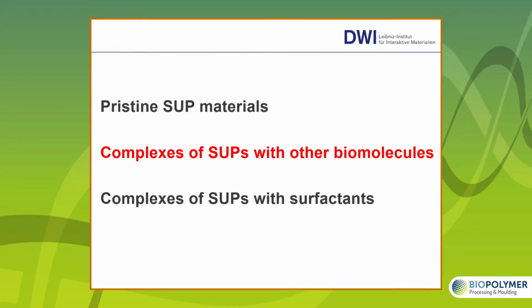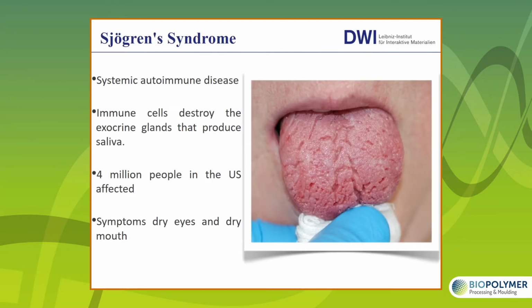Let's move now from the pristine submaterials to materials where we do combinations, and especially we exploit here charge-charge interactions to manipulate and achieve functionality. I would like to start with an alternative treatment modality for Sjogren's syndrome. Sjogren's syndrome is a systemic autoimmune disease.